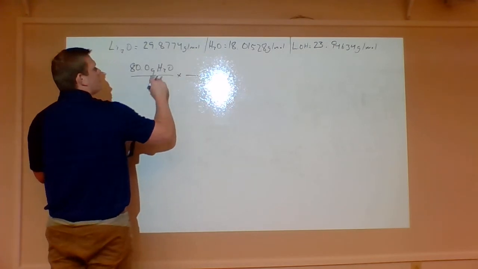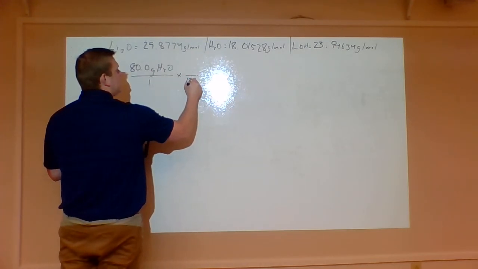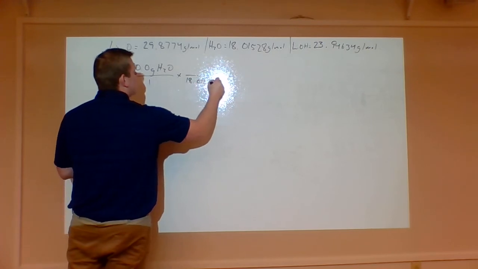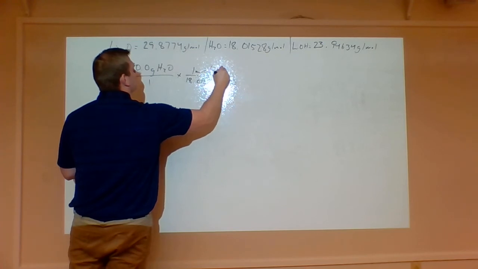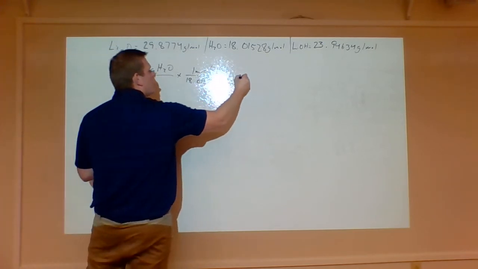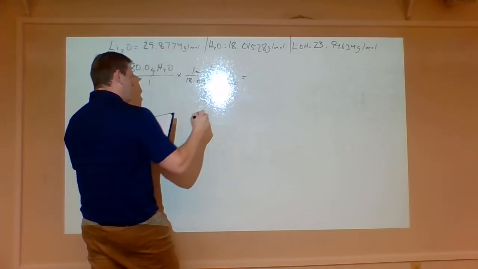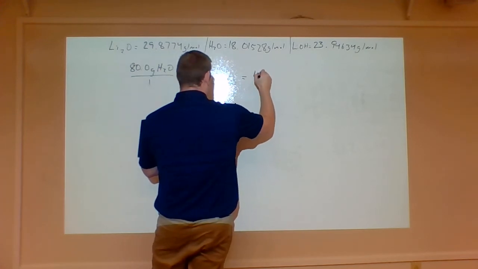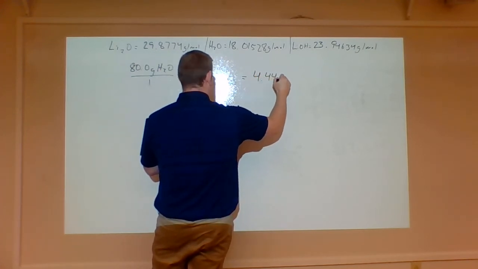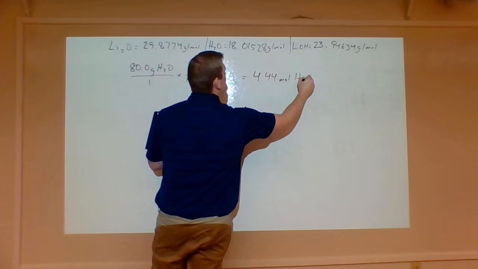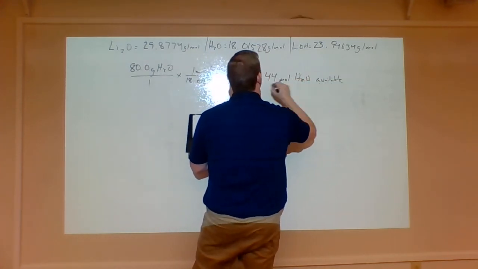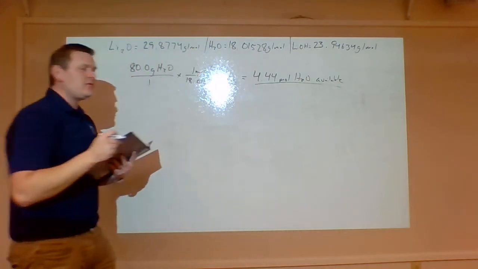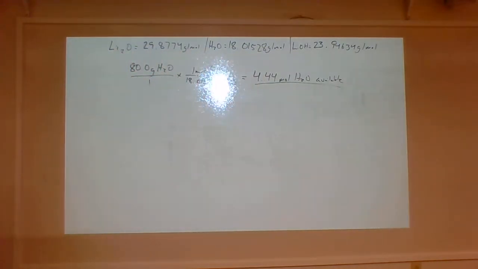Our molar mass for water states that 18.01528 grams of water gives us 1 mole of water. Grams cancel, and we have our answer in moles of water. So there are 4.44 moles of H2O available. Okay, so that's how many moles of water we start with.